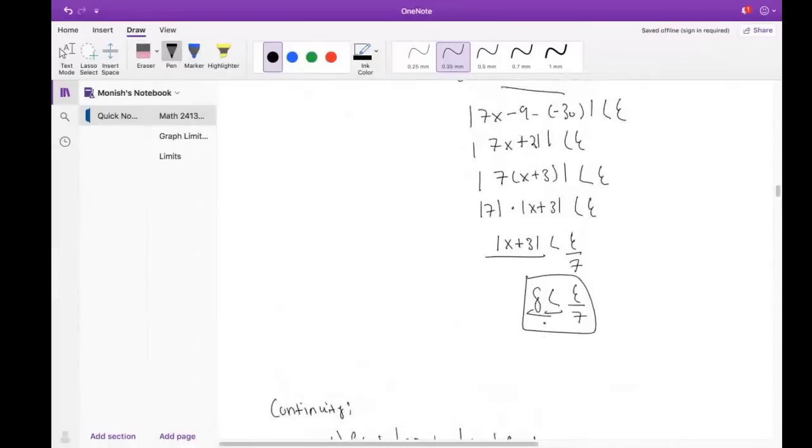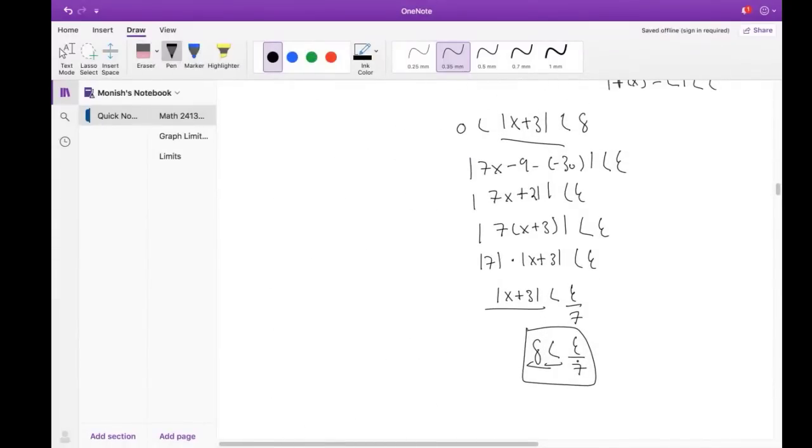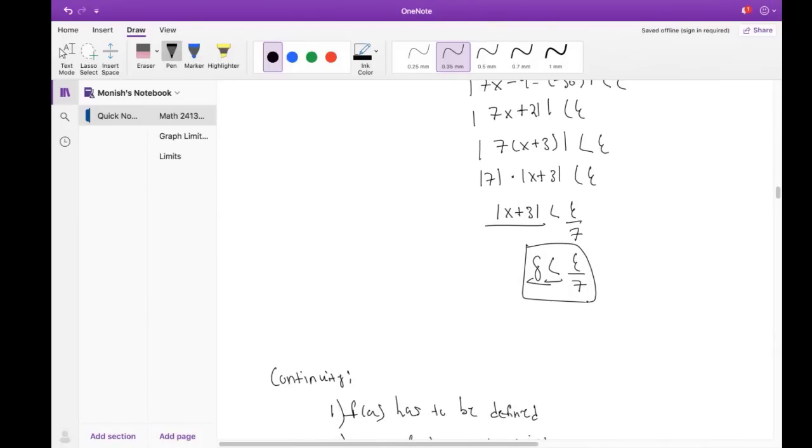Now that I have the relationship set up, I could say if epsilon is equal to 0.05, what's delta? So you just have to plug in 0.05 for epsilon.